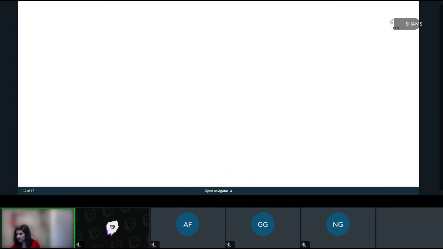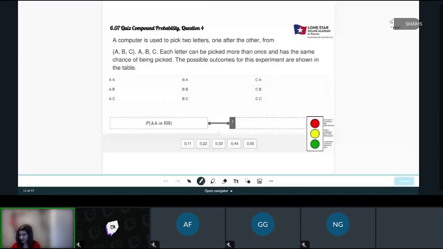We will look at question 4, and question 4 will again involve some decimal answers like we saw yesterday. A computer is used to pick 2 letters, one after the other, from A, B, C. Each letter can be picked more than once and has the same chance of being picked. The possible outcomes for the experiment are shown in the table.